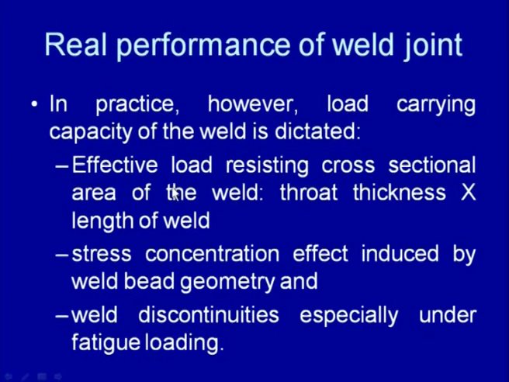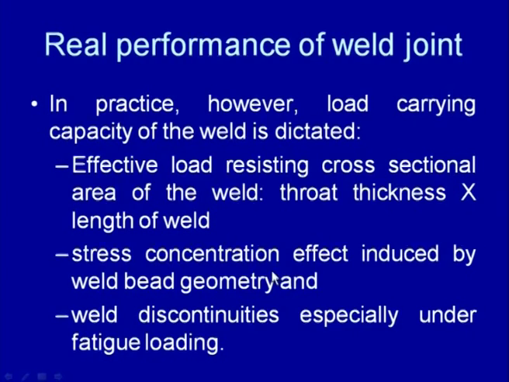So, now the important factors that govern the real life performance of the weld joint are the effective load resisting cross sectional area of the weld, which is determined by the throat thickness and the length of the weld. Throat thickness for the butt and fillet weld is identified in different ways, as just described.